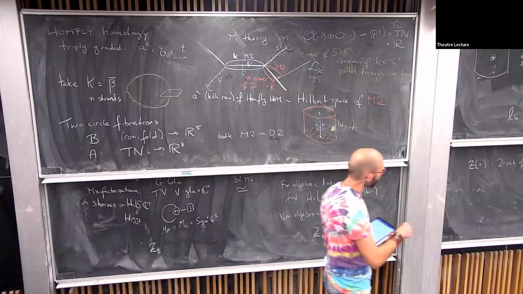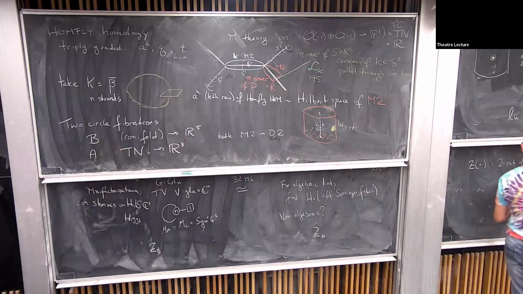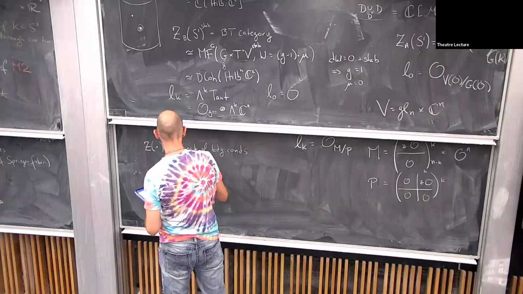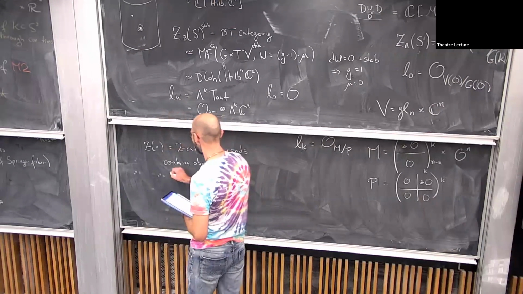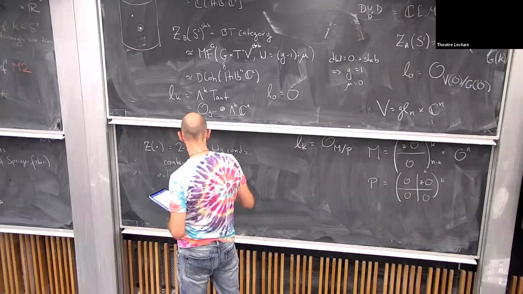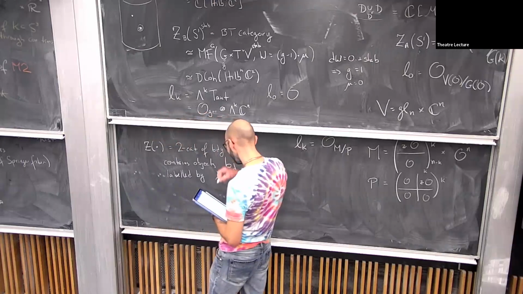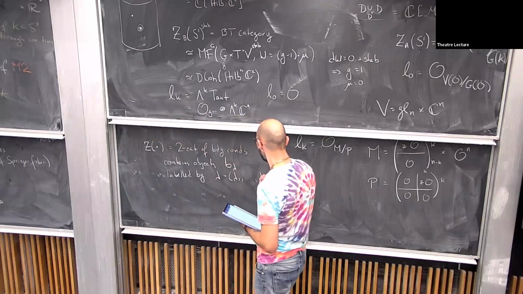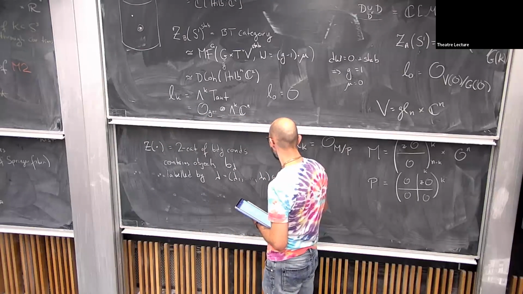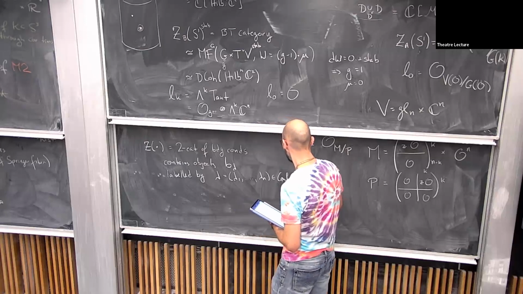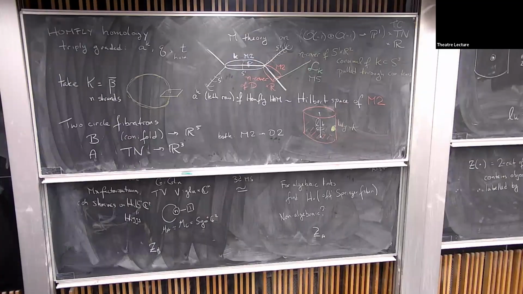And so the expectation is that there are objects in here labeled by configurations of endpoints on C.